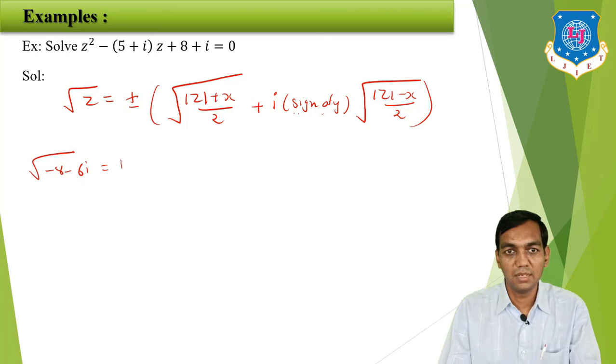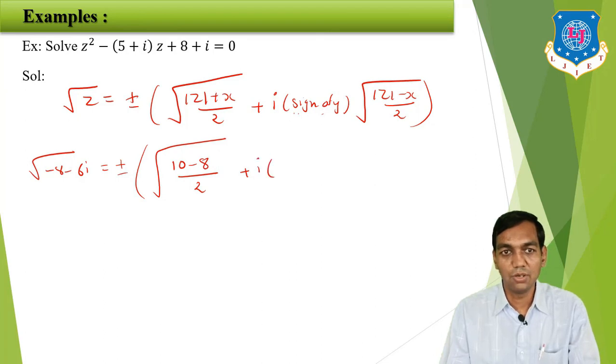So plus or minus under root of 10 plus x, that is the real part, which has a value of minus 8, divided by 2, plus i into sine of y. Sine of y means the sign of the coefficient of i, it is negative, so minus 1, and under root of again mod z 10 minus minus 8, divided by 2.